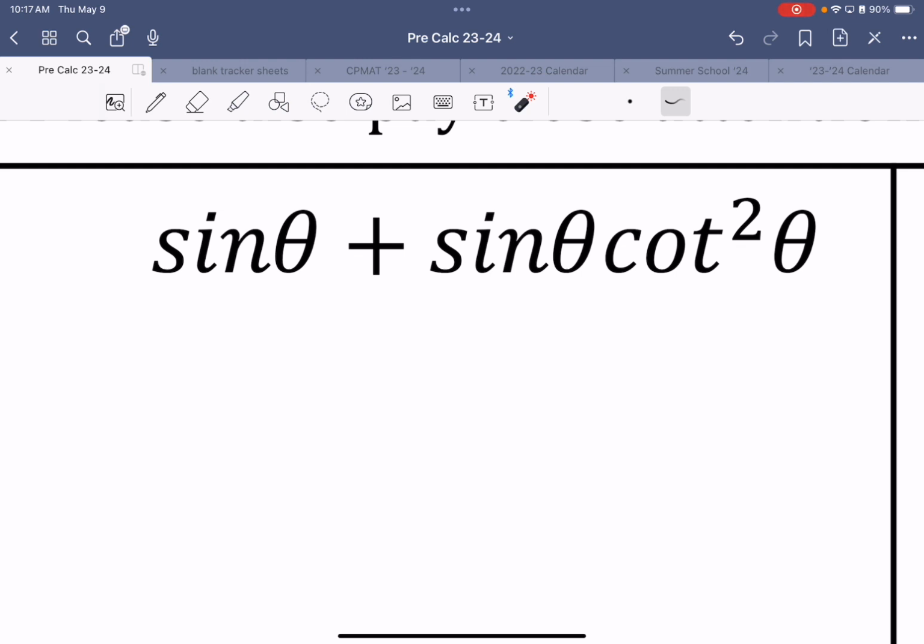P3, good. P3 is the one that has cotangent. I'm not going to put it there yet. If I wrote it here now, it wouldn't really make sense because I can't plug it in yet. I'm going to wait until I have one of these formats here on my green sheet. So I either need 1 plus cotangent squared, cosecant squared minus 1, or cosecant squared minus cotangent squared. I don't have any of those.